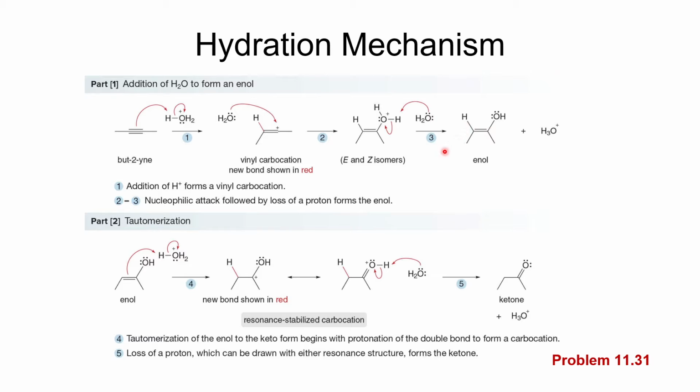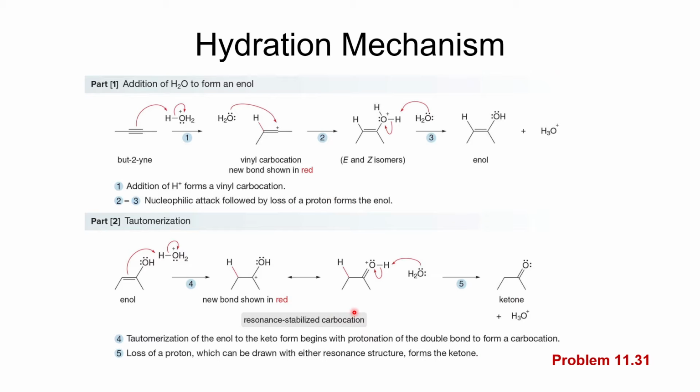That enol will go through the exact process that we had on the previous page, which is protonate, draw the resonance structure, deprotonate. So if you can get through this part of the mechanism, this part is not too bad.